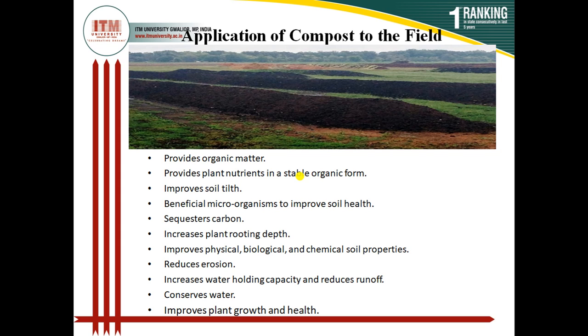See, if you apply chemical fertilizer to the field for providing the nutrients, for example, today you are applying chemical fertilizer, tomorrow, day one, the nutrient availability to the plant will be highest.